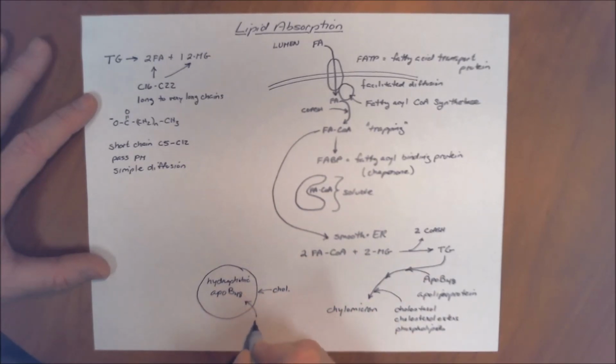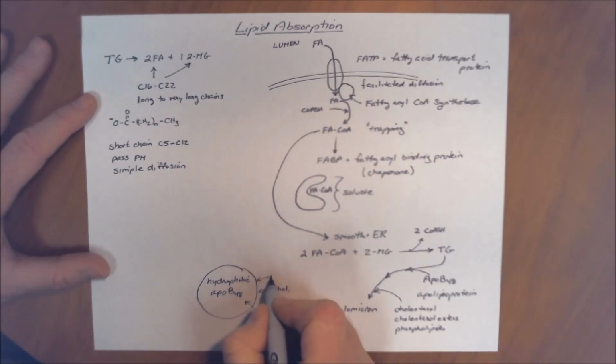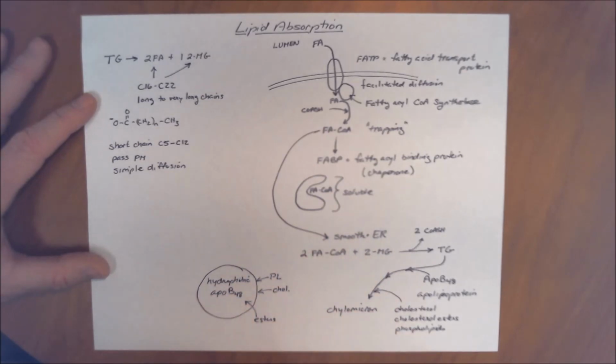Cholesterol esters are inside because these are fully hydrophobic. Anything that has polarity to it, such as a cholesterol with that 3-hydroxy group, or the head group of a phospholipid, will be associated with the outside.